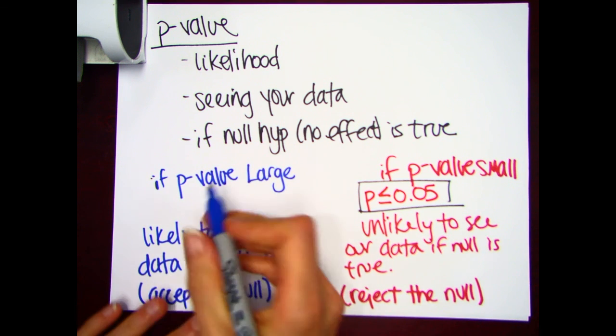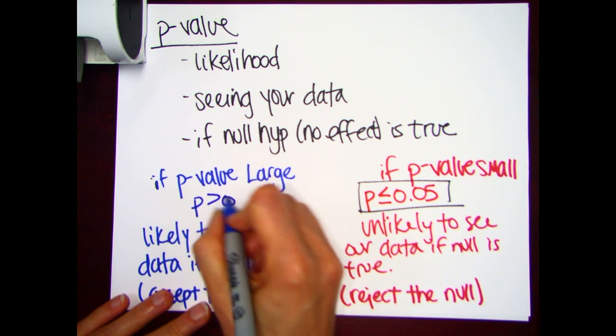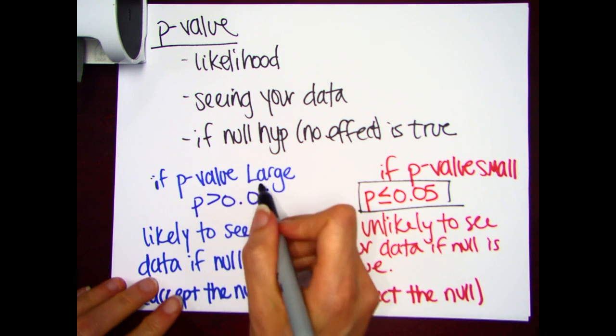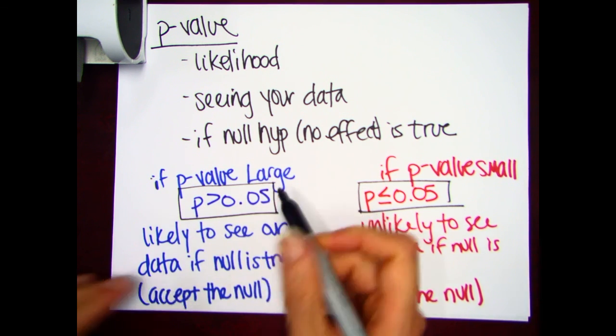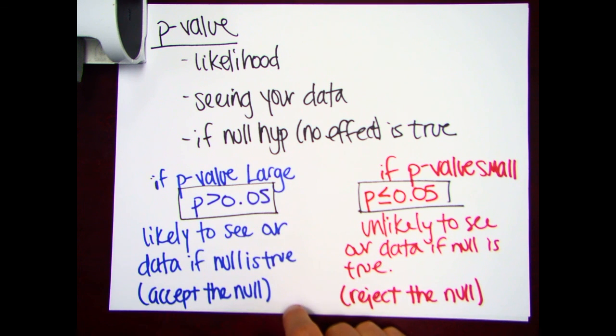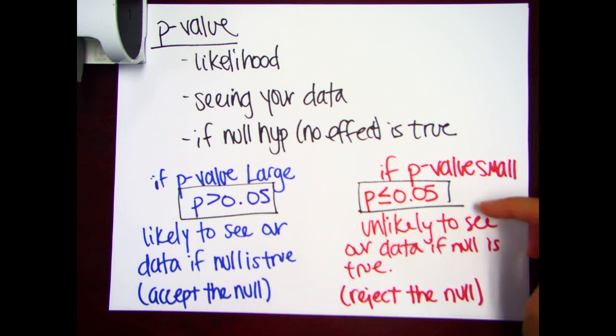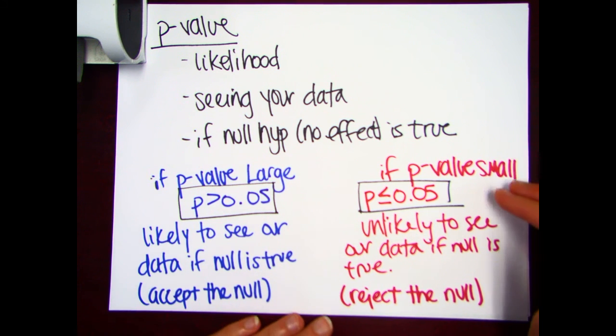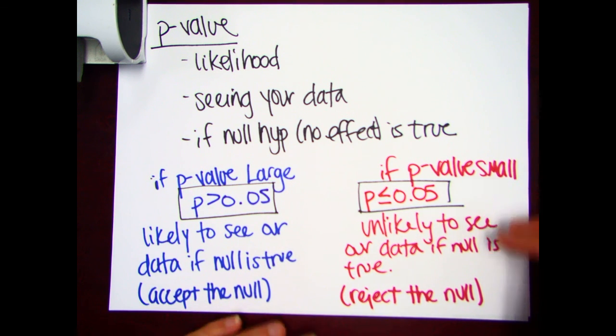So if your p-value is greater than 0.05, then it is large enough that you accept the null. If your p-value is less than or equal to 0.05, then you feel like the null hypothesis is unlikely to explain the relationship between the independent and the dependent variable, and so you reject the null hypothesis.